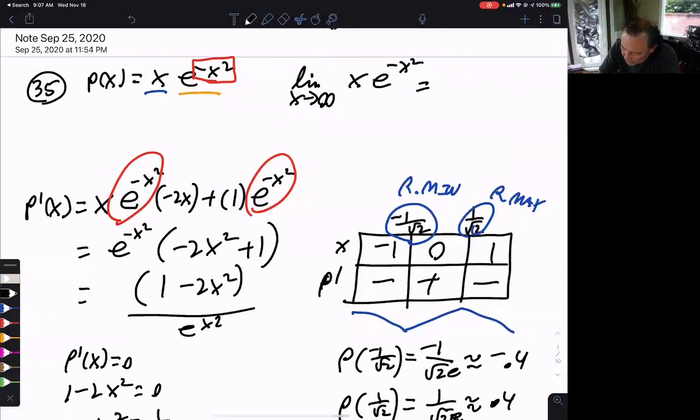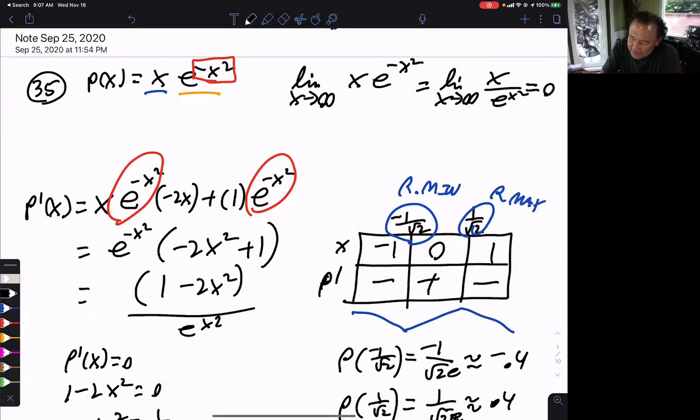Which, let me rewrite this. Okay, for you guys, I'm not sure if you would know how to do this right now because you don't know a secret that I do, but I'm just going to tell you that equals 0.